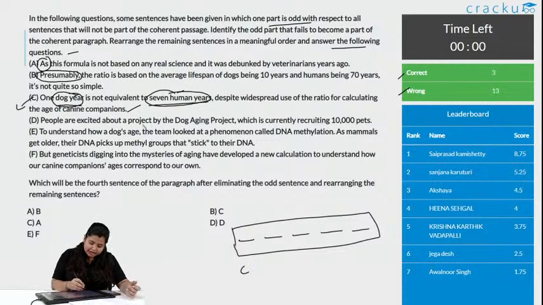"People are excited about a project by the Dog Aging Project." Okay, this is talking about the Dog Aging Project. Here we are talking about dog age, and this is talking about the Dog Aging Project. So, even this might be, we do not even know what the odd one is. So, let us check the other one. "To understand how a dog ages, the team looked at a phenomenon called DNA methylation, and as mammals get older, the DNA picks up methyl groups that stick to their DNA."